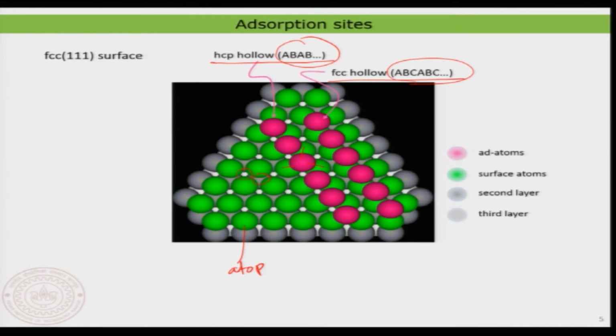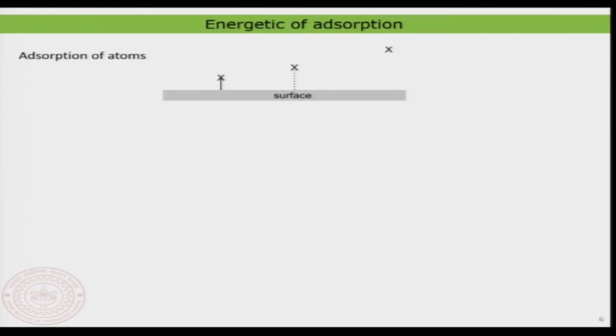Now, once you have understood the adsorption sites, what I want to discuss with you is the energetics of the adsorption. What are the important energies that we need to consider or keep in mind when we understand the adsorption of an atom onto a surface?